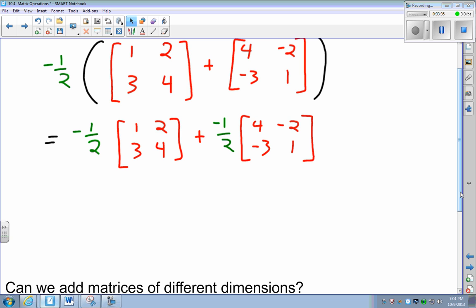When we do that, we end up getting negative 1/2 for the first entry, negative 1 for the next, and then negative 2.